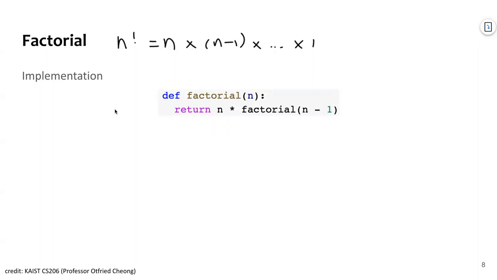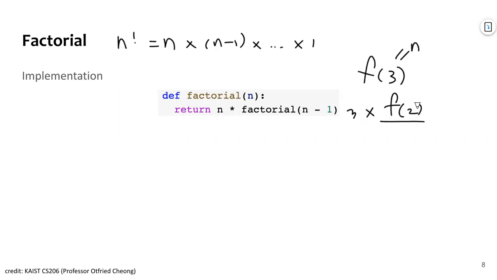So when we call factorial 3, it's going to return, because n is 3 now, 3 times factorial of n minus 1, that is 2.